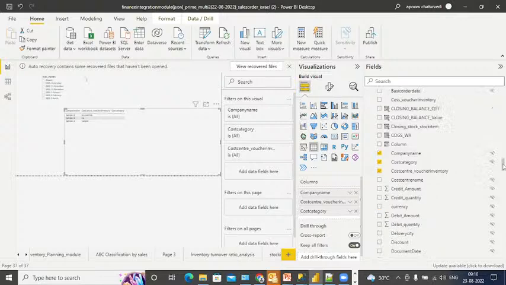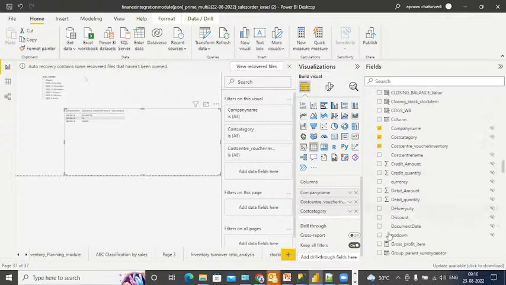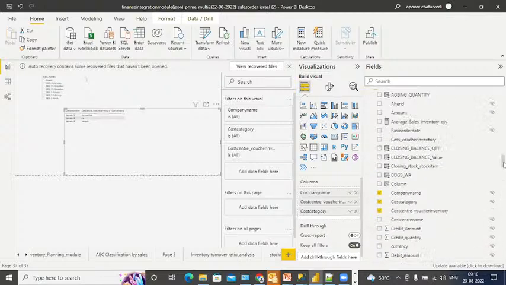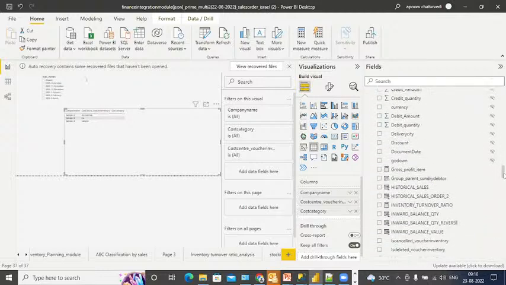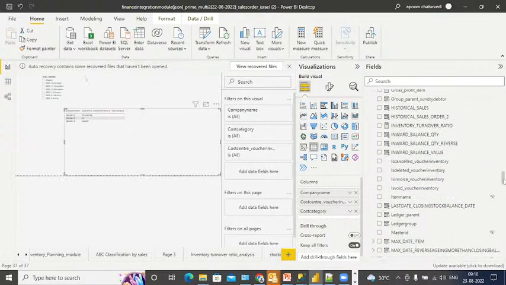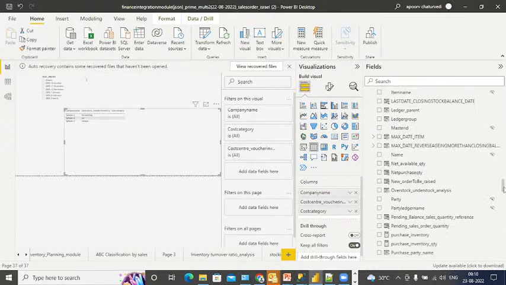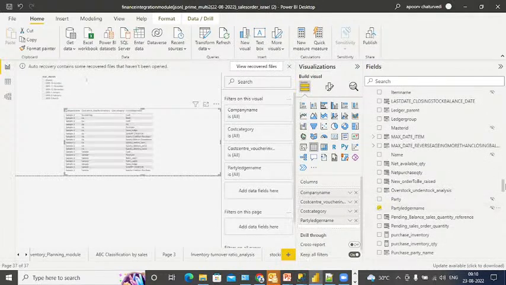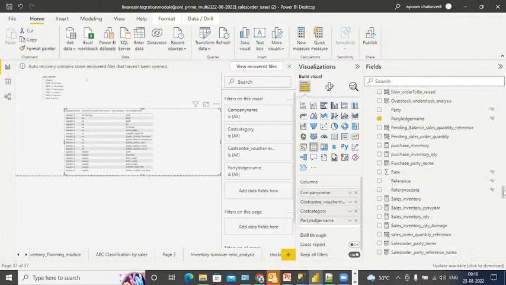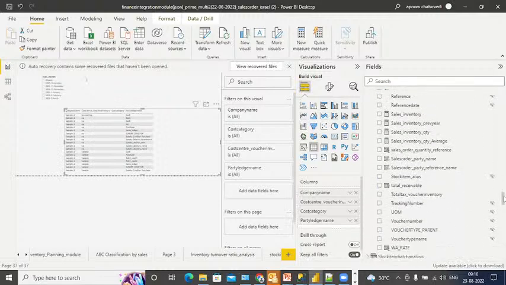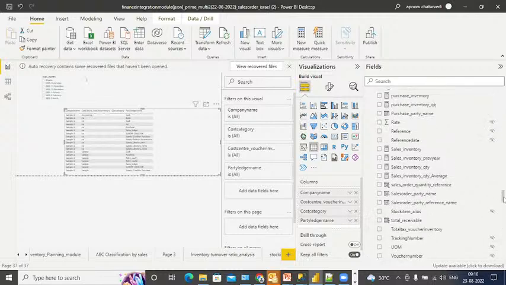And then I go down here and I pick up, so this is the stock item view, right? So then I pick up my party ledger name and my item name. So I'm keeping it very, very simple so that you don't have that problem.